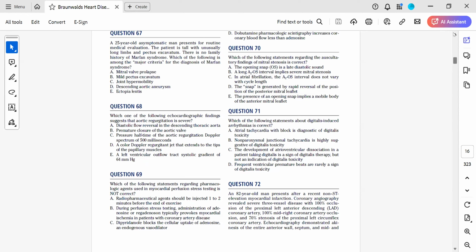I think this is also false. Then I'm left with options A and B. B says non-paroxysmal junctional tachycardia is highly suggestive of digitalis toxicity. I think this is also false. Atrial tachycardia with block is diagnostic of digitalis toxicity.